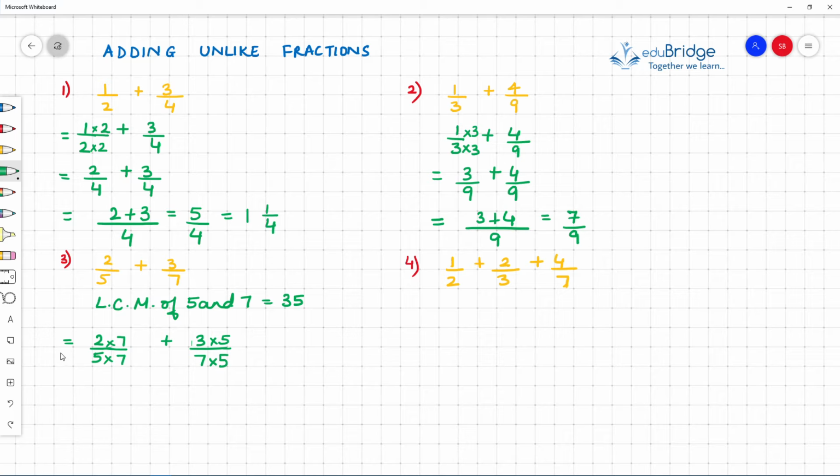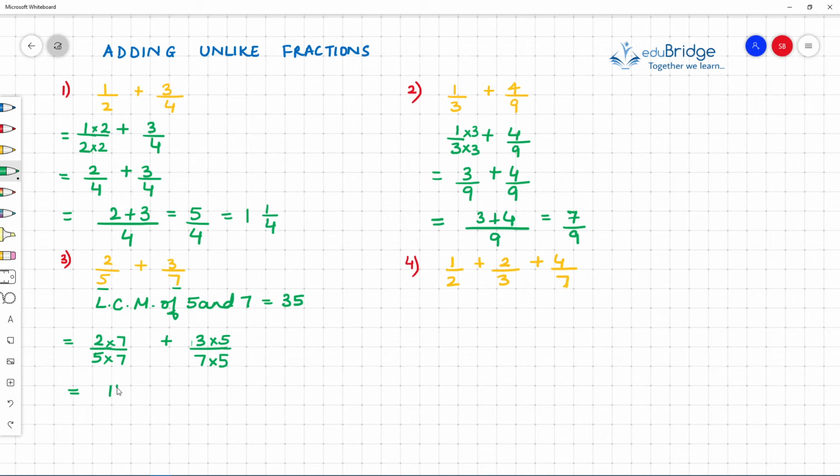Let me repeat this step. The first fraction gets multiplied with the denominator of the second fraction, and the second fraction gets multiplied with the denominator of the first fraction.